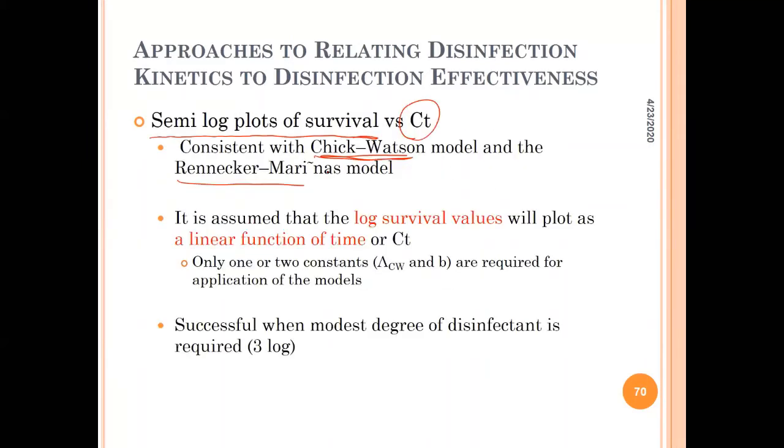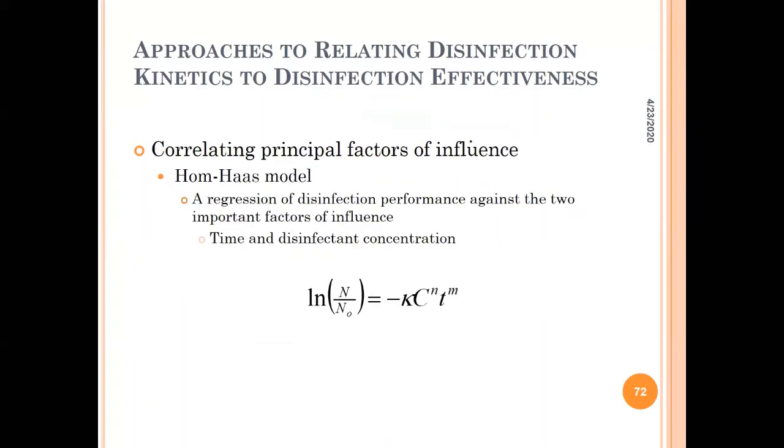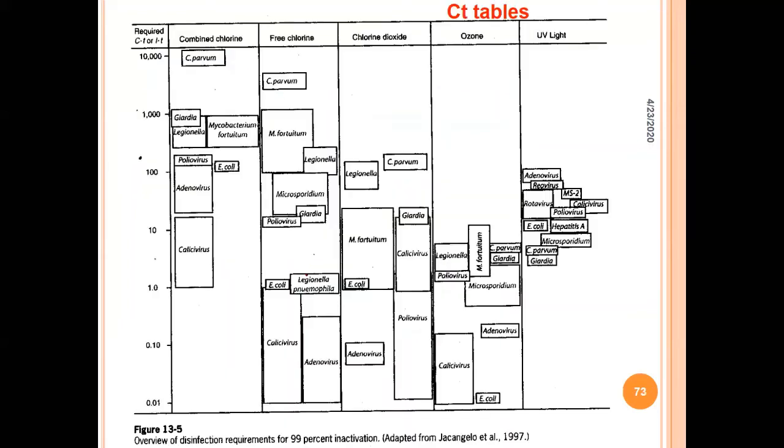Anyway, for all of the cases of the models I mentioned, the Collins-Selleck model and the Hom model, CT value can be plotted with log N over N naught, and for certain removal efficiency, we know what CT value should be there. This is one of the tables adopted by US EPA.